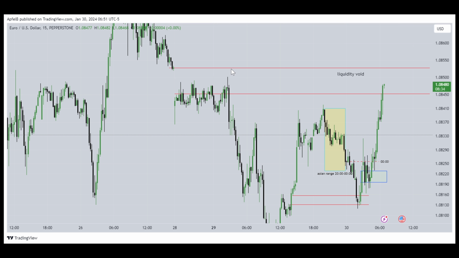We left this portion unbalanced, and these areas right here are where consolidations happen. Why do we find consolidations in these areas? Because the market is offering buy side, sell side. For example, this consolidation here, we offer buy side, sell side, buy side, sell side, buy side, sell side, which turns out to be an accumulation or consolidation.